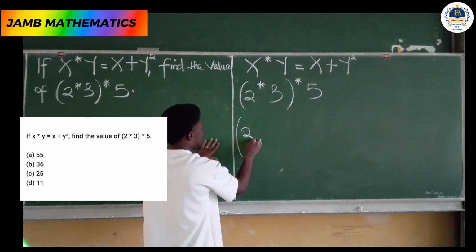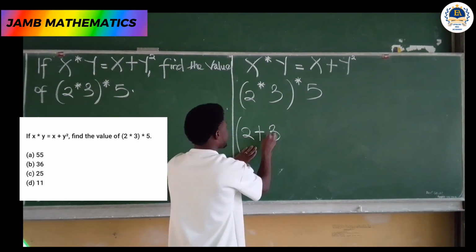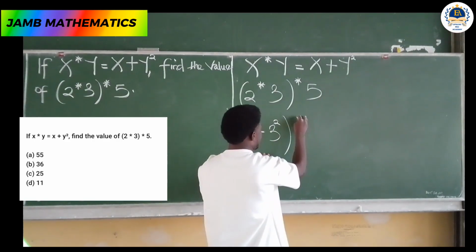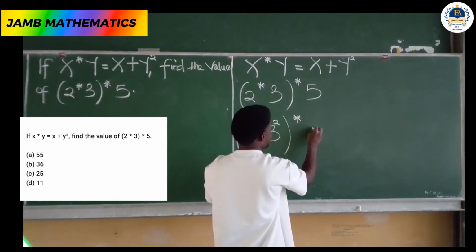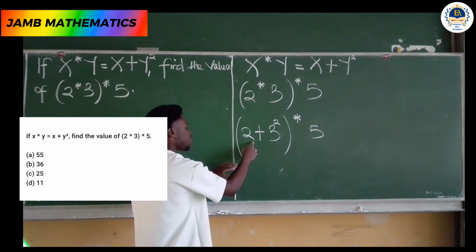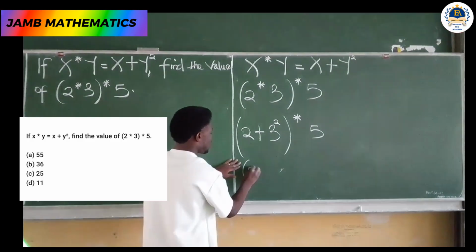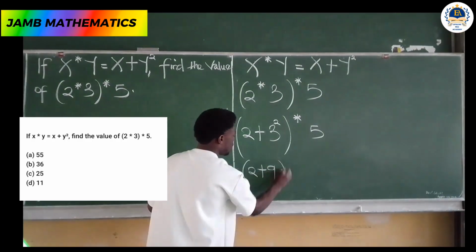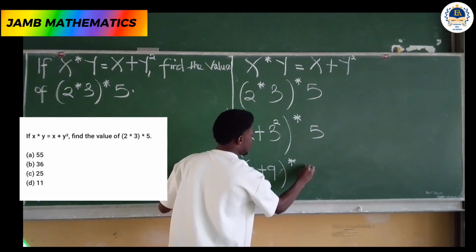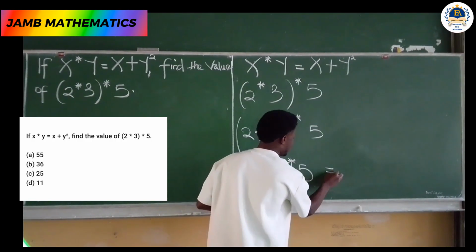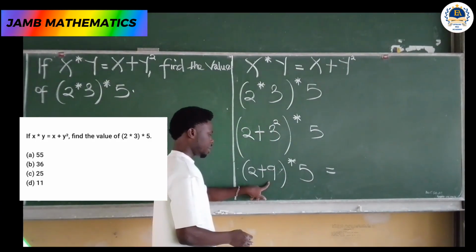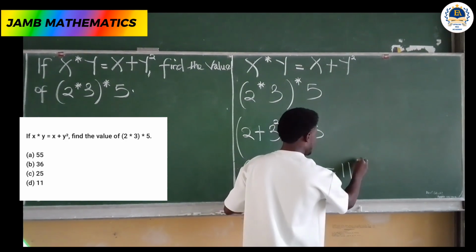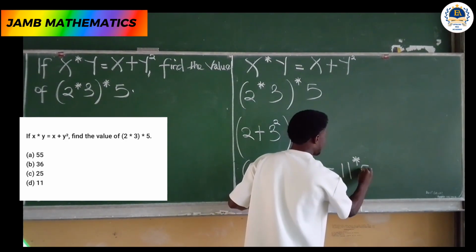That is the pattern. Then star 5. In this bracket, we are obtaining 2 plus 3 raised to the power of 2, which is 2 plus 9, gives 11 star 5.